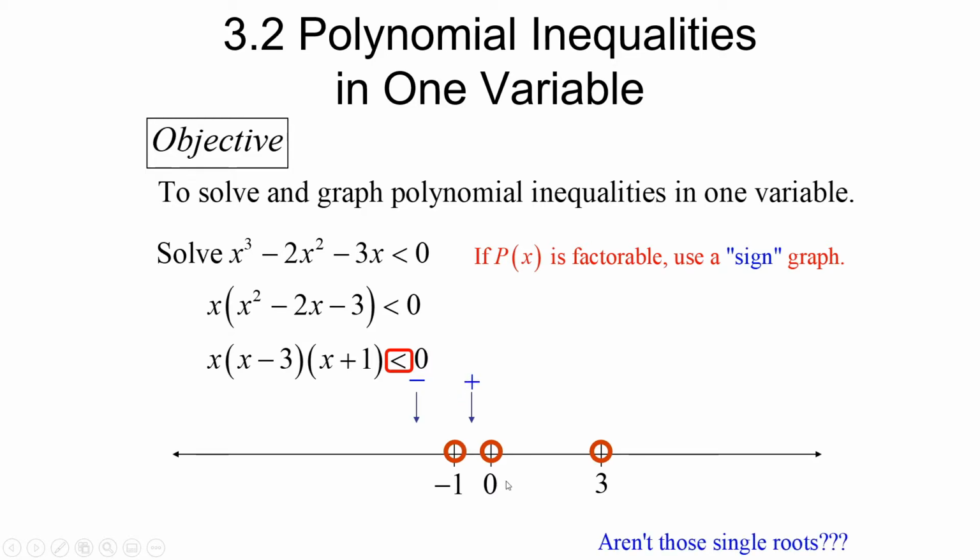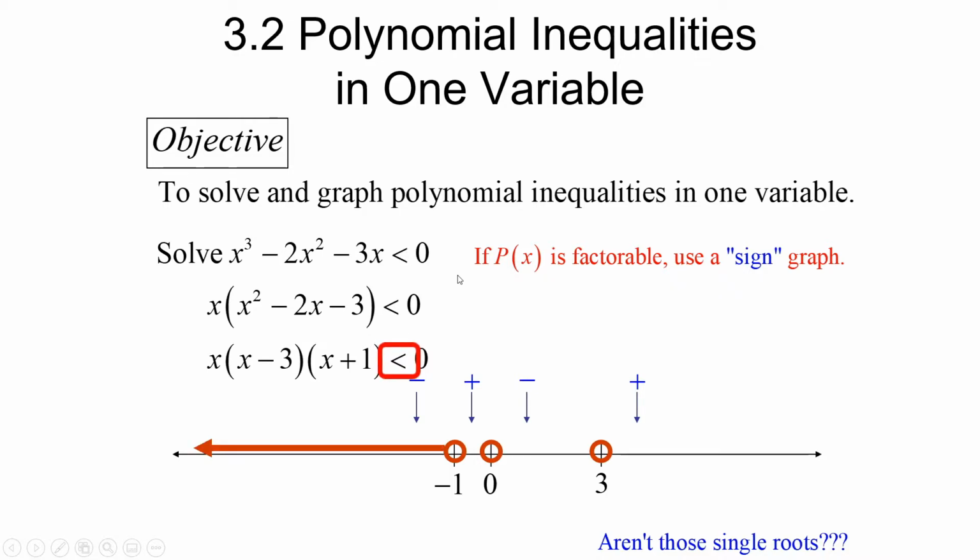The 0 is also a single root, so if I'm positive to the left of the single root, I have to be negative to the right. And the 3 is my third single root. If I am negative to the left of that 3, I'm going to have to be positive to the right. We are now almost done. Now I look at my inequality again. This cubic is less than 0.